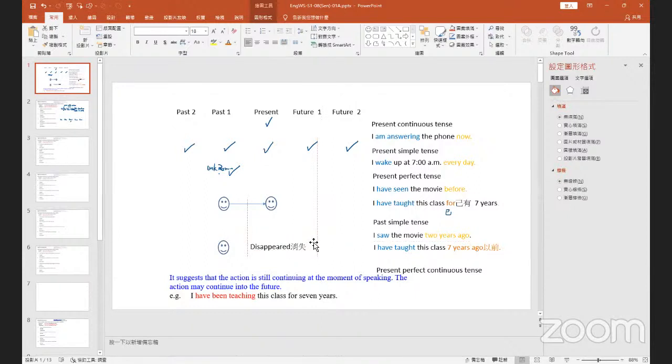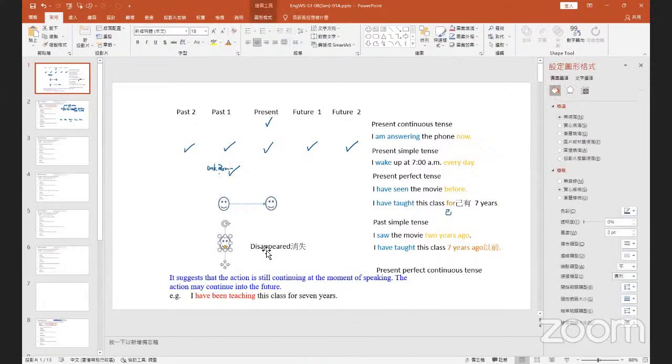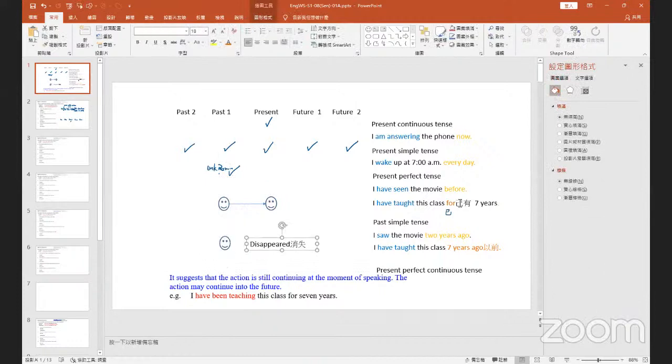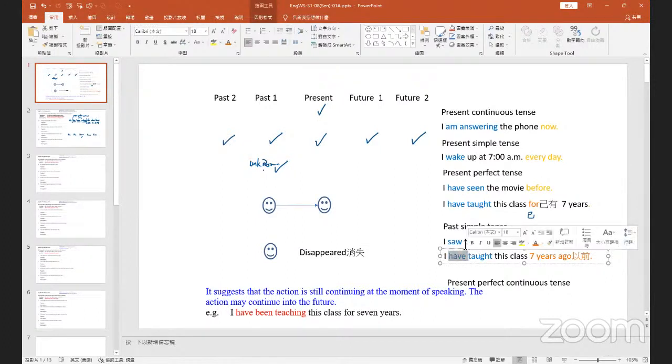And then you disappeared. Nobody can see you in the class. You're no longer in the class. I have taught this class for 7 years. Then you have to use simple past tense. I taught this class 7 years ago. You can only use past simple tense. One word only for the verb. Past simple tense.